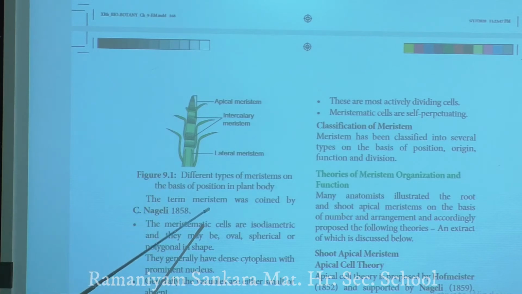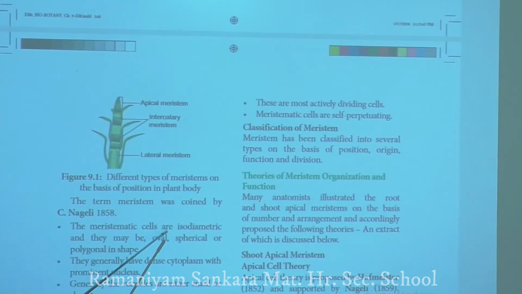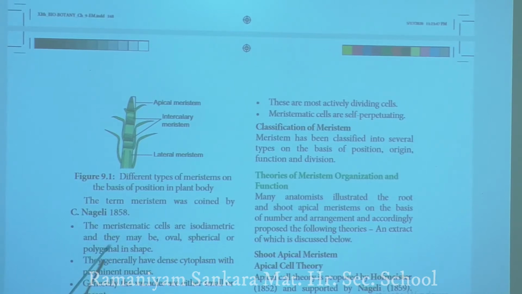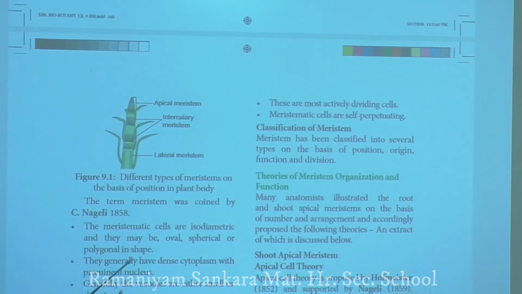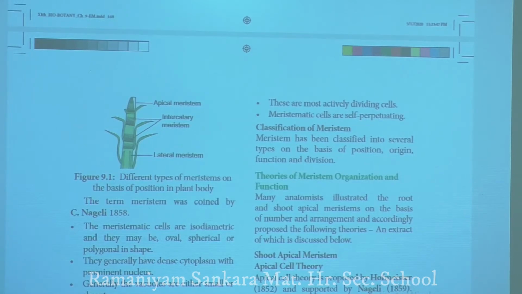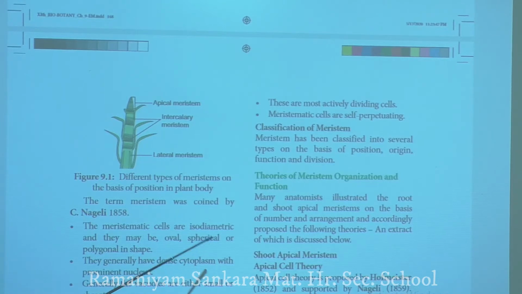The term meristem was coined by C. Nageli in 1858. They will ask one more question on this. The meristematic cells are isodiametric and may be oval, spherical or polygonal in shape.